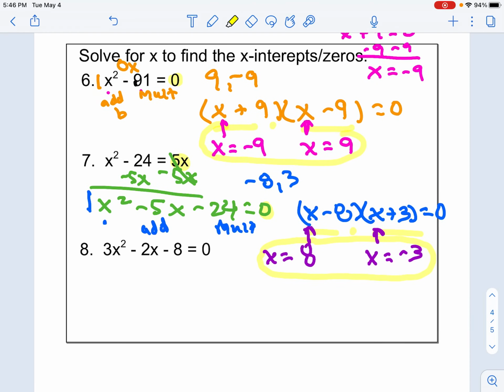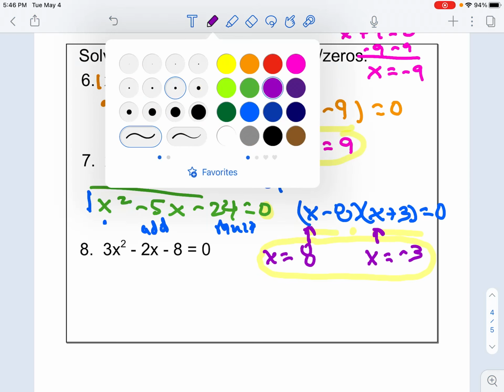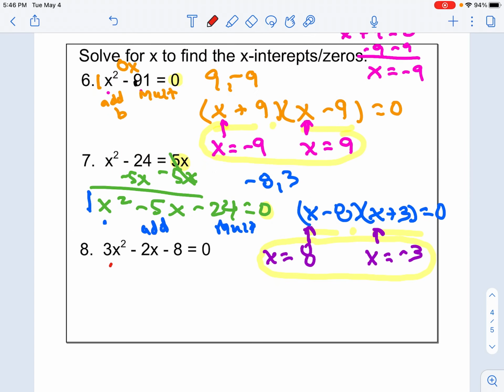And this last one is a tough type of factoring, because what happens in these questions is we don't have a GCF and we don't have a 1 in front of our x squared. So now the method that I like to use is guess and check. You could use the box method, or you could use one of the other methods we used in class.